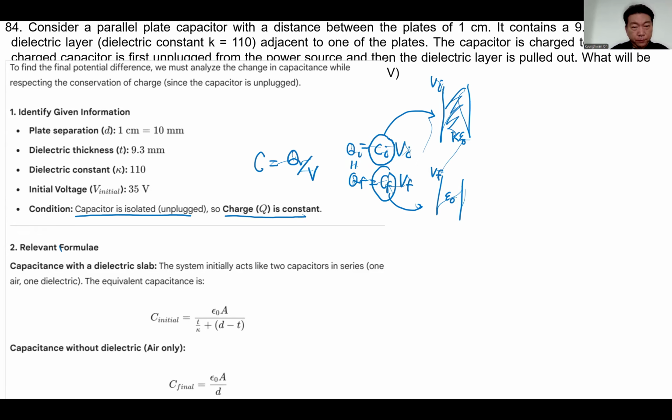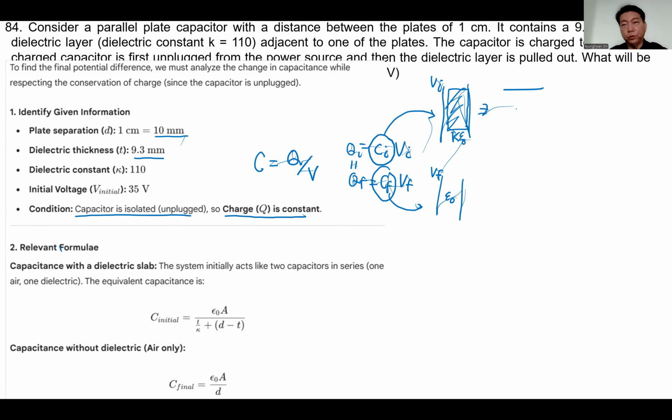So here is the case. Note that only part of the capacitor is filled. Note that D is 10 millimeters, and the dielectric thickness is 9.3 millimeters. So there is a certain gap, okay? And then the system acts like two capacitors in series. That's what we have seen before.